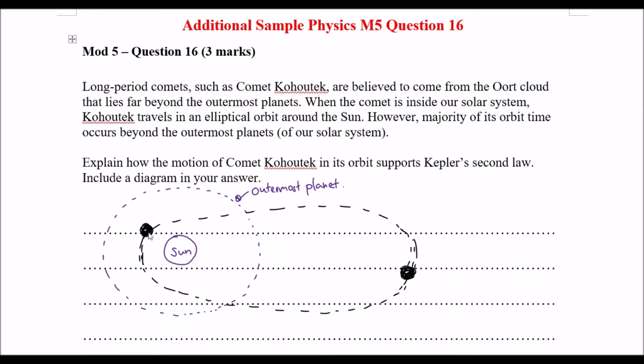Kepler's second law states that the planet within the same time interval will cover the same amount of area. So A1, and then let's say it moves from here to here. I'll just redo that.